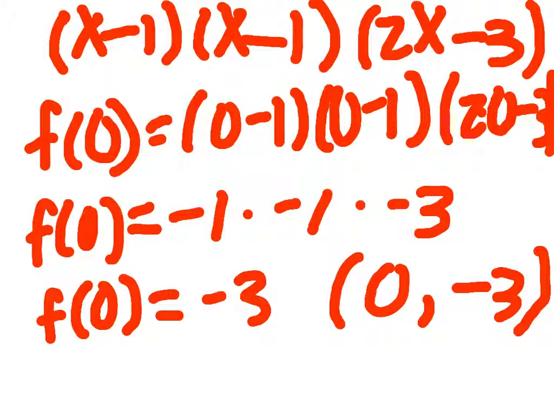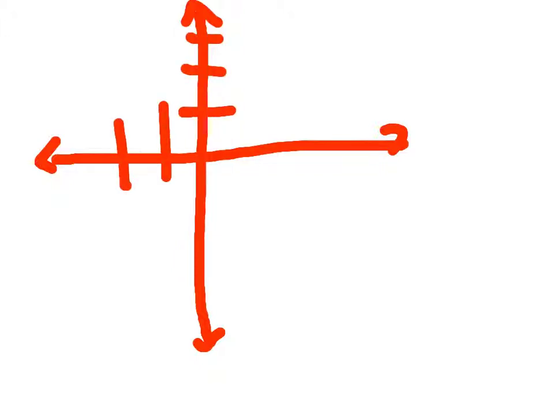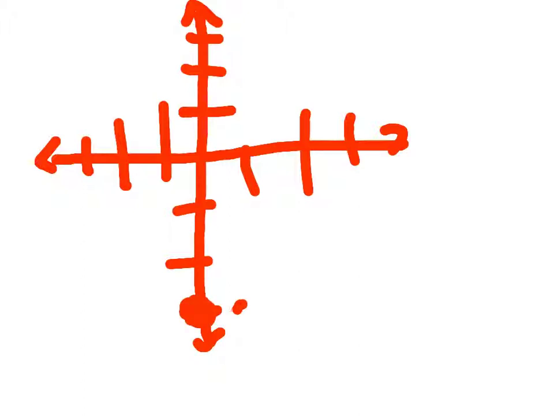Now, in order to sketch the graph using all of this data, we make a Cartesian coordinate plane. Now we can start plotting. We know the y-intercept is (0, -3), so there's a point right there.